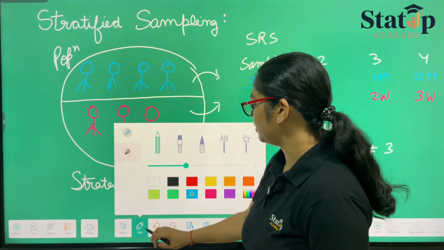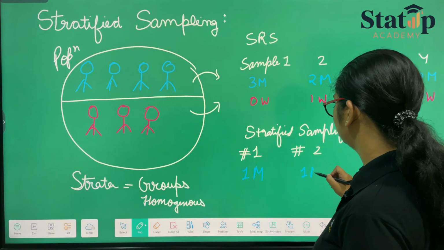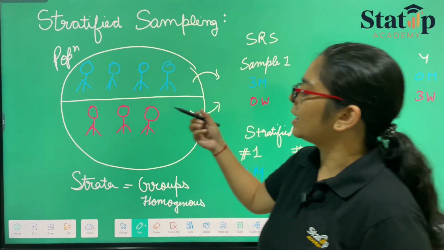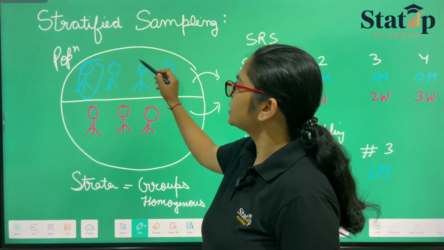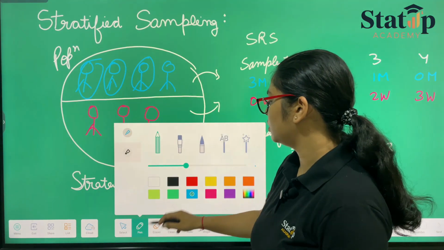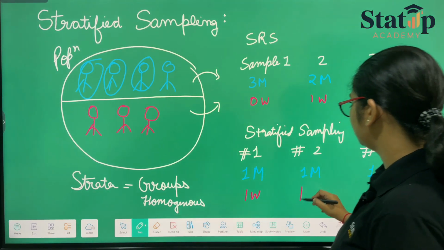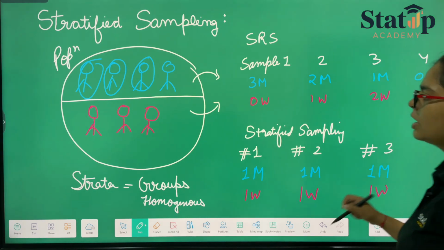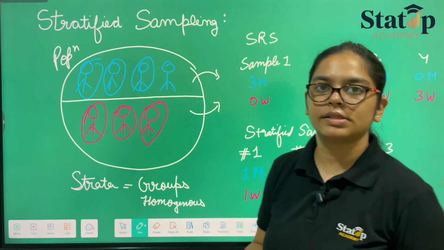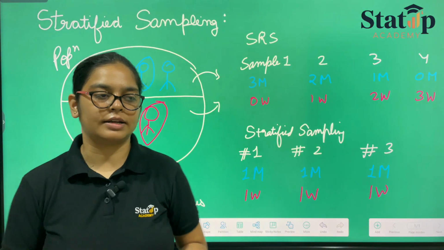In sample number 1, one man, one man, one man, as we are allowed to select only one man. The man in sample 1 can be this one, in the second one this, in the third one this. And for the second group, one woman each time. It can be either this one or this one, based on the sample. So this is the basic structure of stratified random sampling.